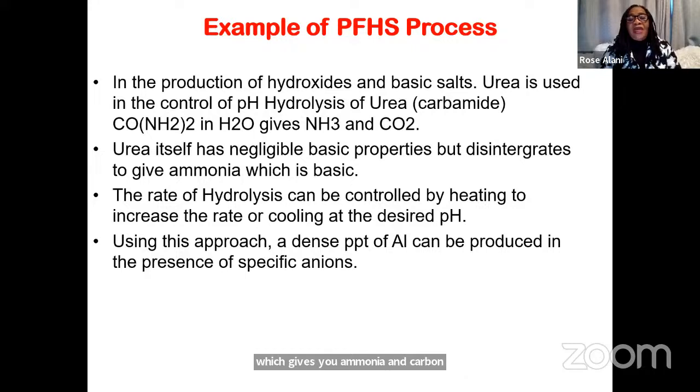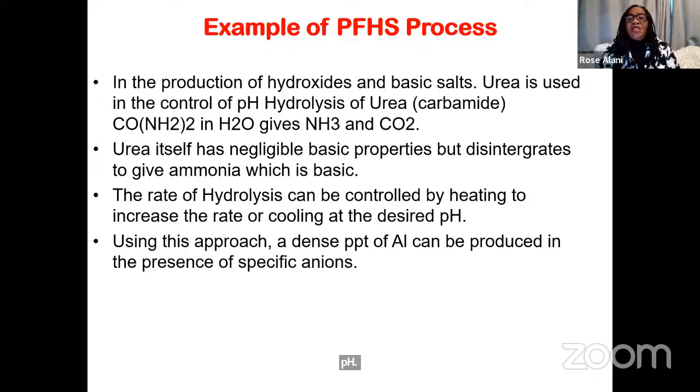Urea itself has negligible basic properties, but disintegrates to give ammonia, which is basic. So the rate of hydrolysis can be controlled by heating to increase the rate or by cooling, at a desired pH.